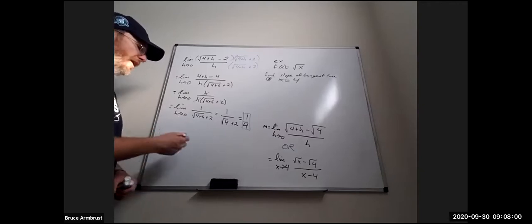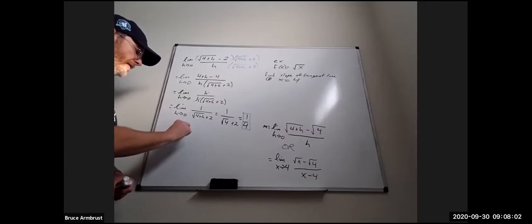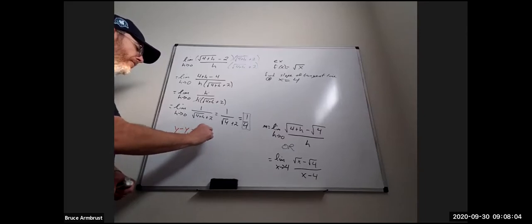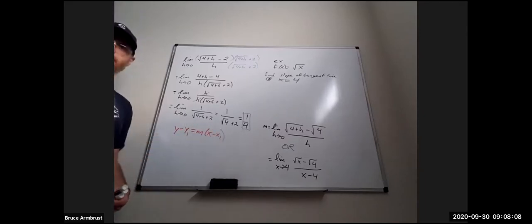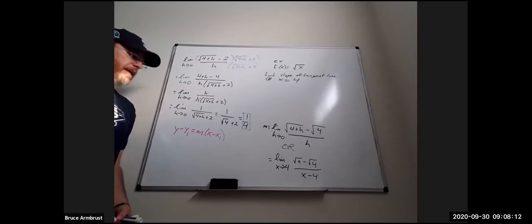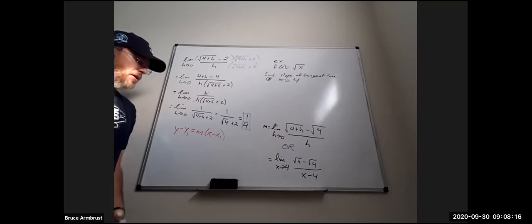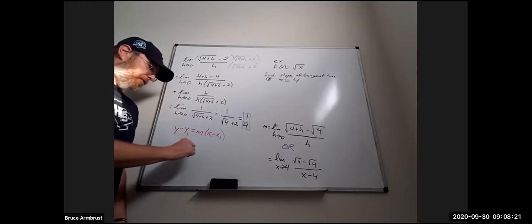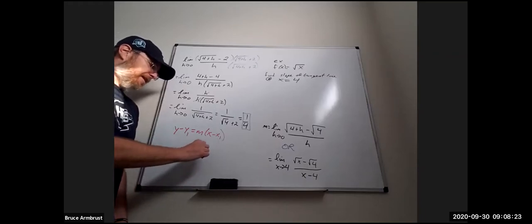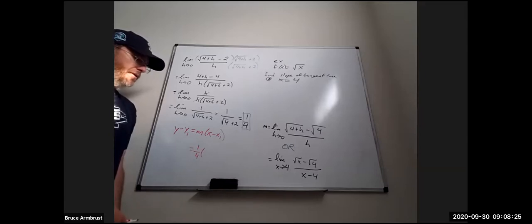So to get the equation of a line, we're going to use the point slope form. Hopefully you remember this, the good old y minus y1 equals m times x minus x1. And in this, the m is the slope. We just calculated that. That was 1/4.